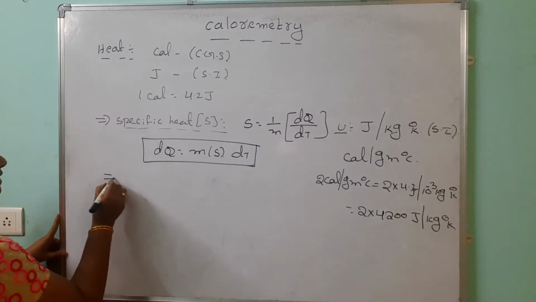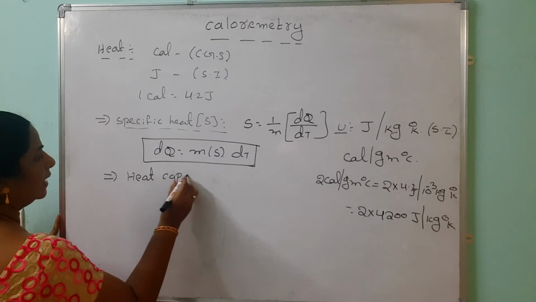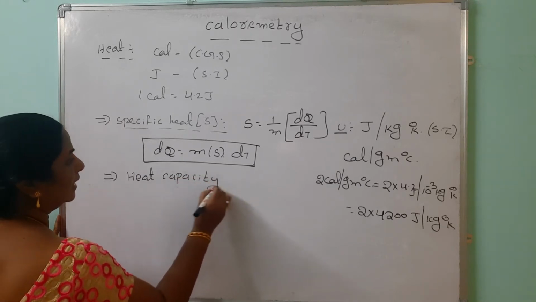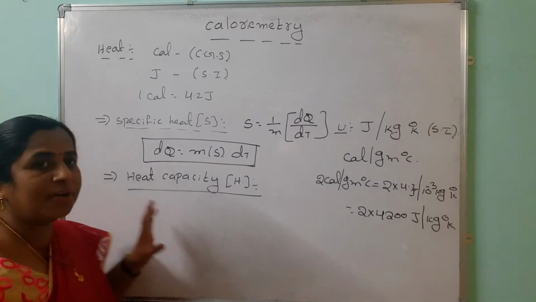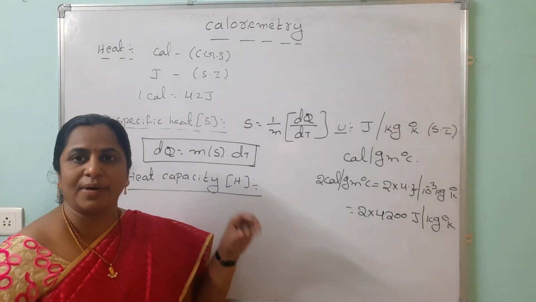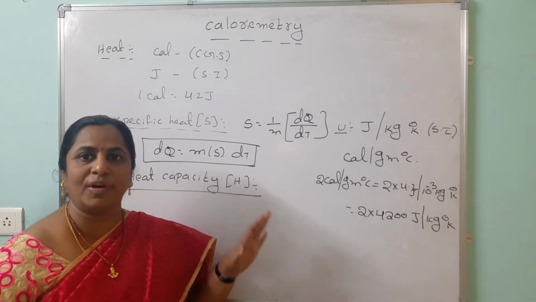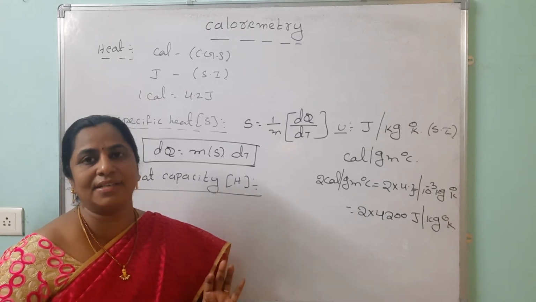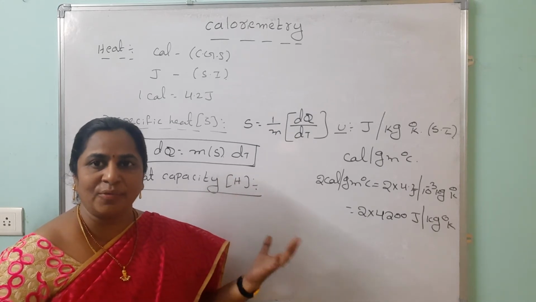Now we are focusing on heat capacity. What is the heat capacity? It is represented by H. It is the amount of heat energy required to raise the temperature of the body through 1 degree centigrade. We didn't mention any mass. We are taking one system and want to raise its temperature by 1 degree centigrade.